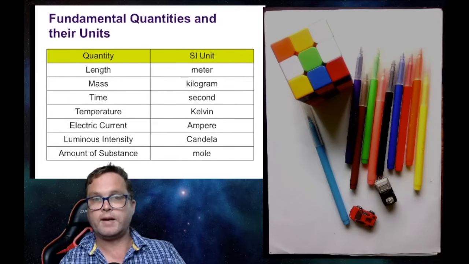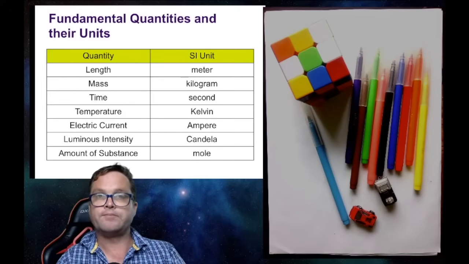Not the gram, or any other unit but the kilogram. For time, we work in seconds. Temperature, in everyday use, we make use of the degrees Celsius in South Africa. But when we work in physics, using SI units, we're going to make use of the Kelvin.